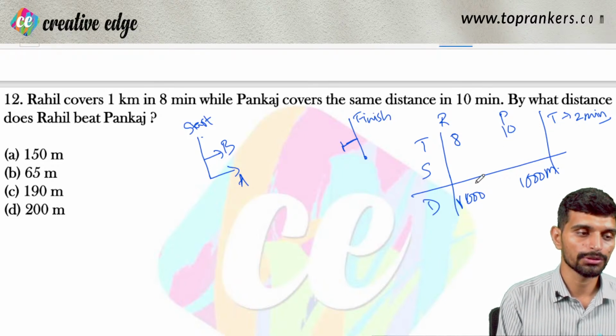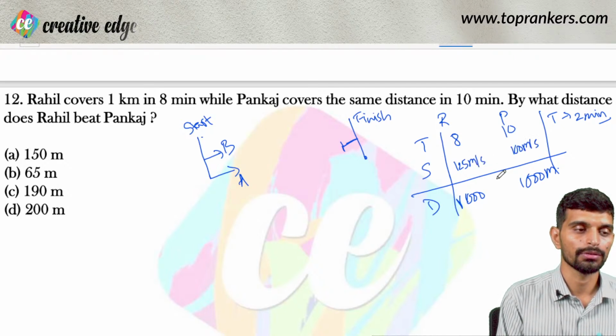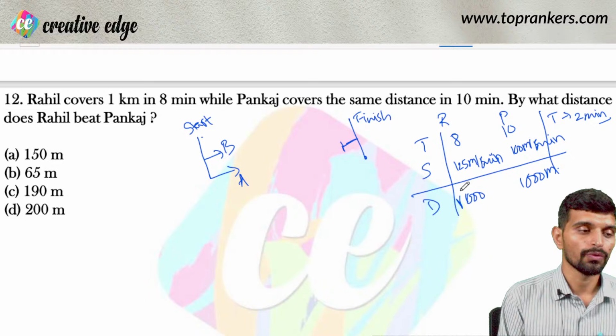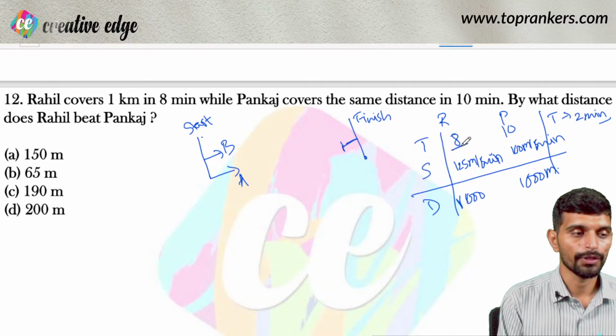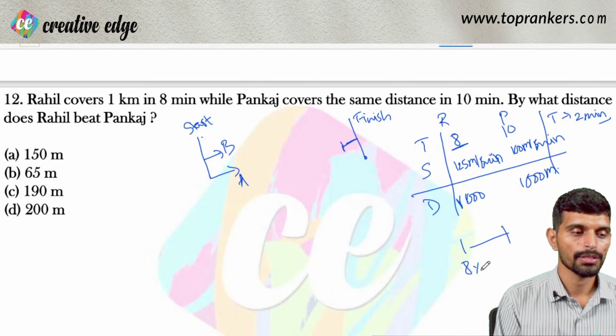But when it comes to distance, so speed, here it will be 125 meters per minute, and here it is 100 meters per minute, sorry, minute, not second, right? So after Rahil reaches the finish line, Pankaj covers the distance of 8 into 100, that is 800 meters.